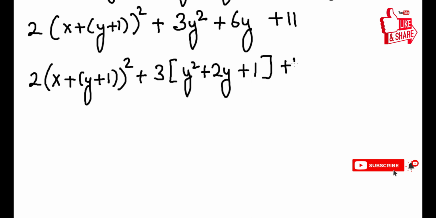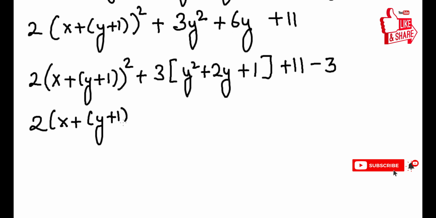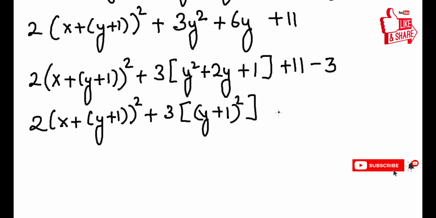But this 11 is already there. If we are adding 1 inside, like adding 3, we have to subtract the 3 also. So what happens is 2(x plus y plus 1) squared plus 3(y plus 1) squared, and this 11 minus 3 is going to be how much?